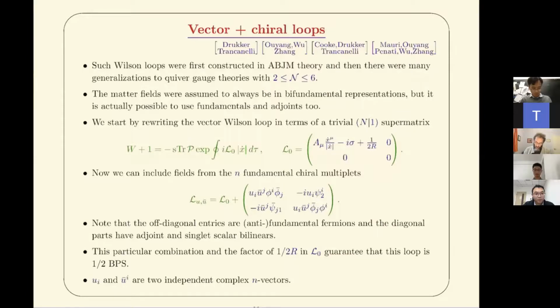And I just put it into this larger block, where here I have an n by n block to include this SU(N) gauge field. And I add here another 1 by 1 block and these n by 1 and 1 by n blocks into this object L0, which I will view as a super connection. And then I take the super trace of the path ordered exponential of this thing.